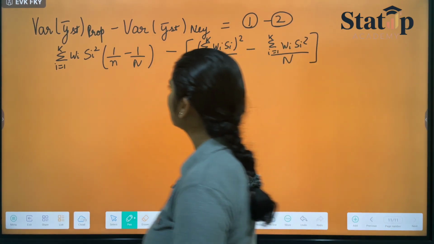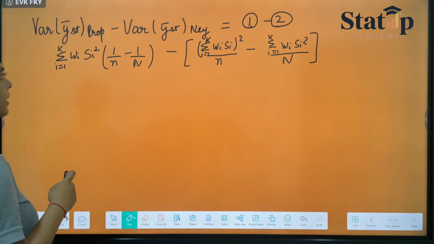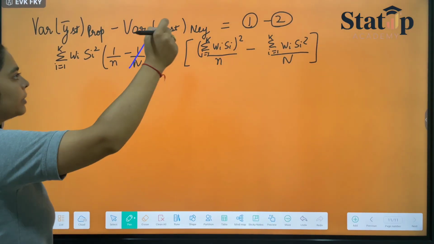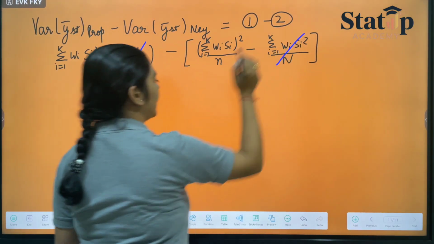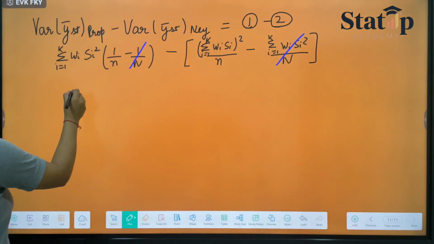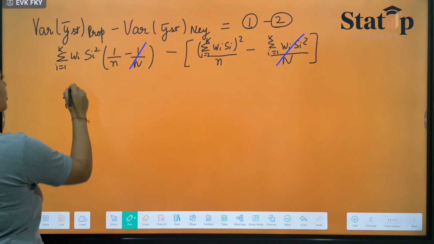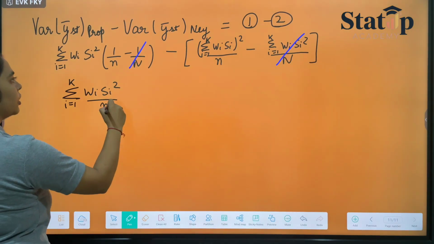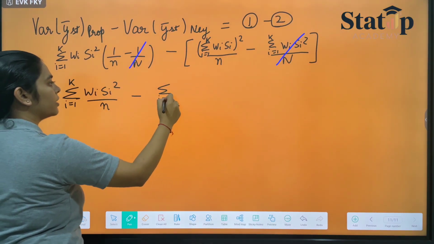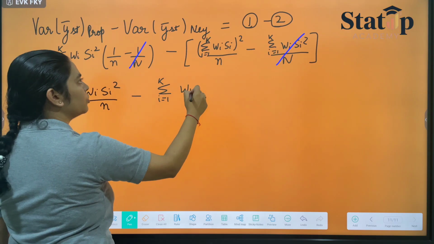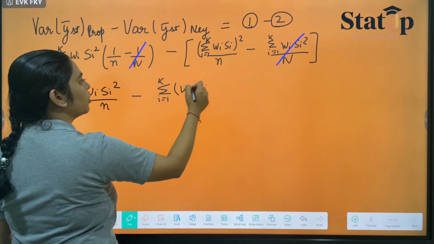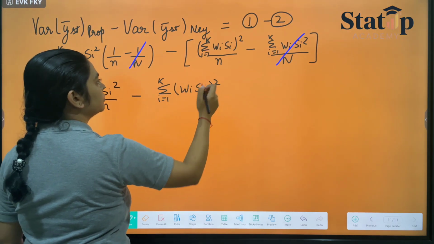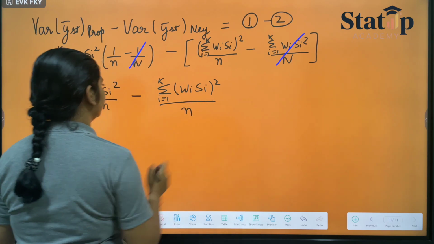This was the case. Now if I open the bracket, this capital N term and this term will get cancelled, and we are left with summation i goes from 1 to k WiSi square upon small n minus summation i goes from 1 to k WiSi whole square upon small n.